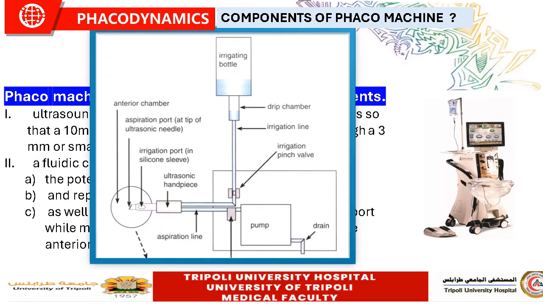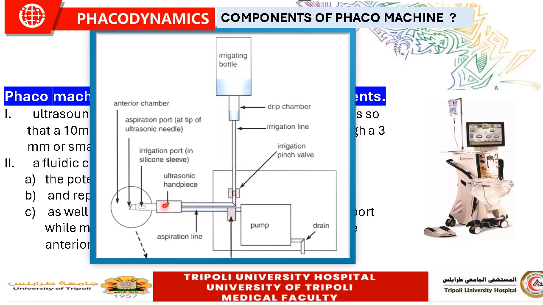If you look at this picture, you can see that the ultrasound delivery system is exemplified in the Phaco handpiece. We will speak about the details of this Phaco handpiece later. The fluid circuit is maintained by the irrigating fluids through the bottle height.